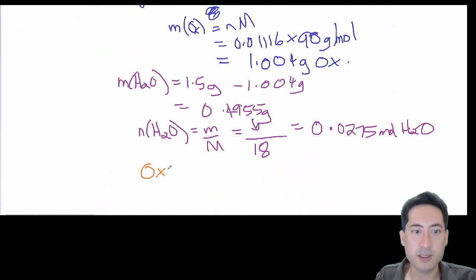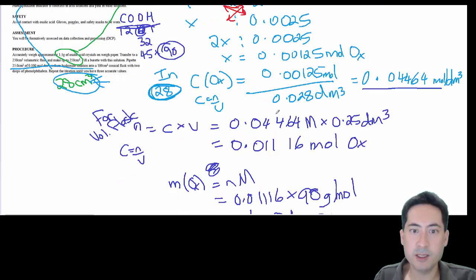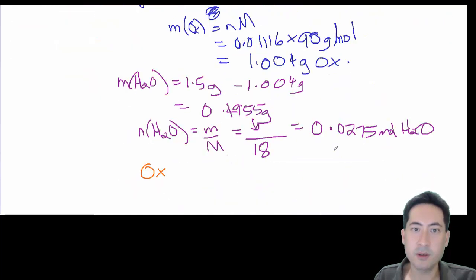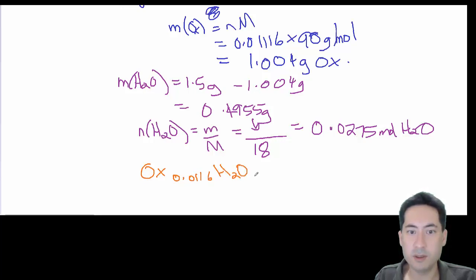So the oxalic acid, we've worked out the number of moles of oxalic acid was 0.01116, and the H2O was 0.0275.